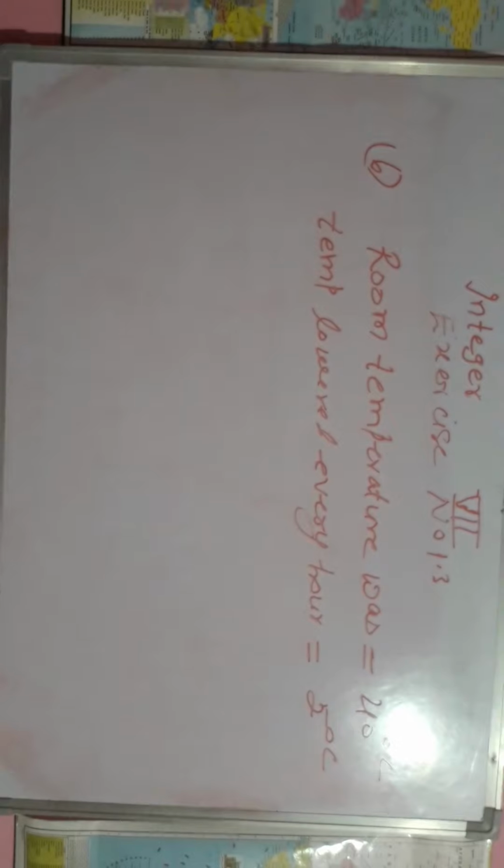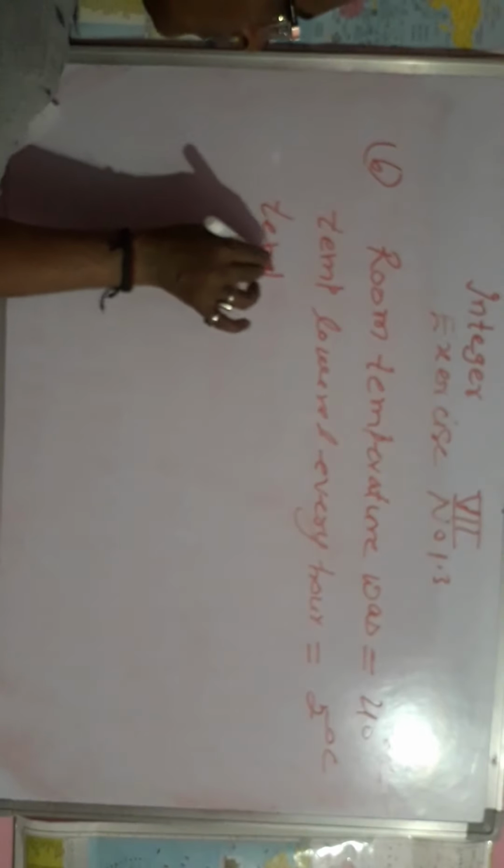It means every hour, in 1 hour, the temperature will be lowered. How much will it be lowered? It means 5 degrees Celsius temperature will be decreased. Then after how much time? 10 hours after.